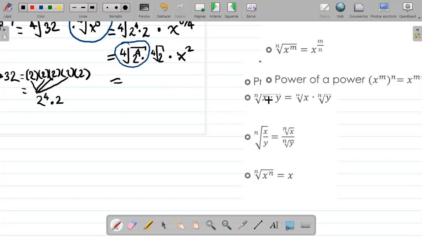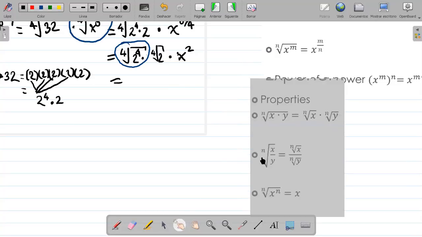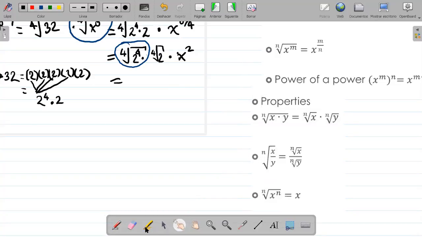Is it that one? The third one. It is the third one, okay? I agree with you. Your analysis is okay. It's the third one. The third one will help us because you have the same index and the same exponent. This is just 2 times the fourth root of 2 times x squared.